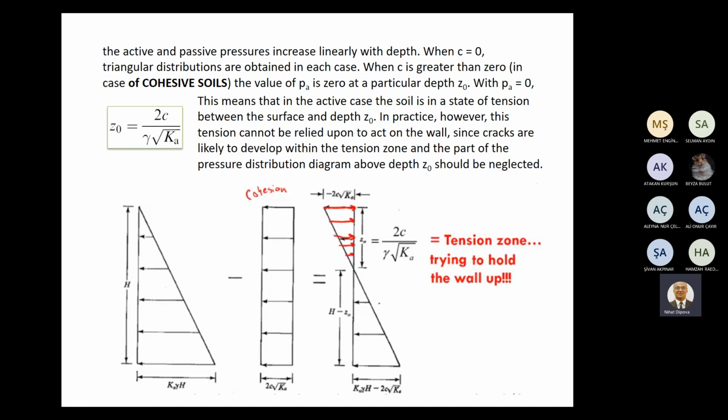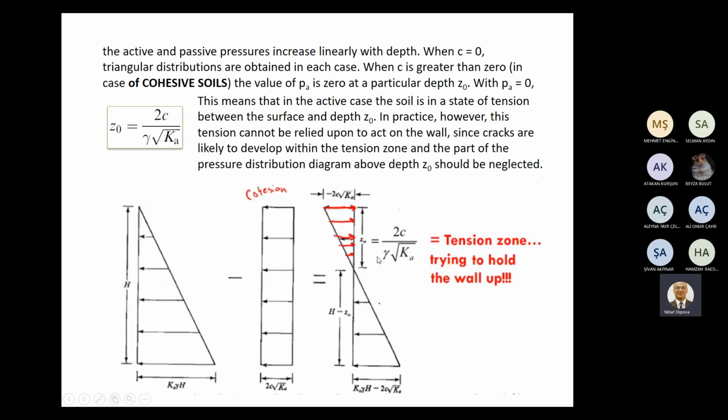This means that in the active case, the soil is in a state of tension between the surface and depth Z0. Along this depth, the soil will be stressed under tension.